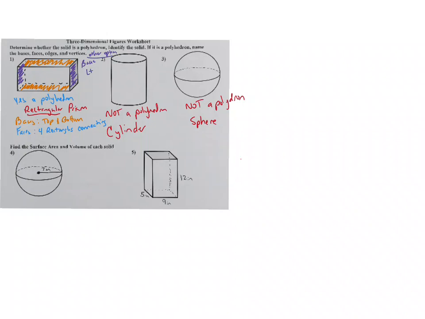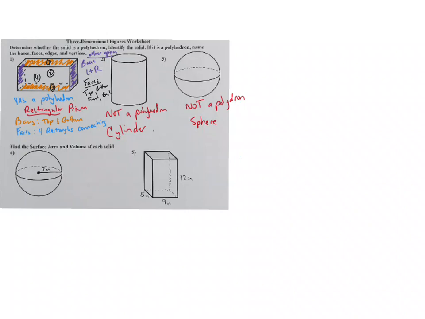I could say the bases are the left and the right, and that would make the faces the other 4. So the top and the bottom, the front and the back. So that would make 1, 2, 3, and then the front one 4. So either way, all right?